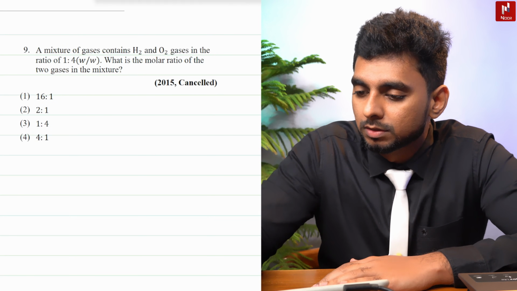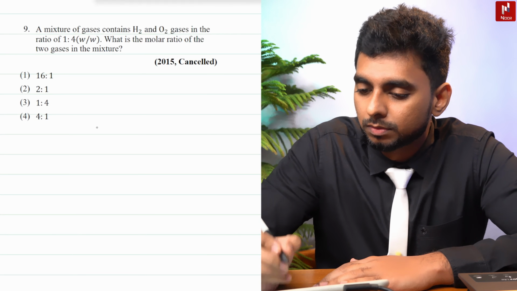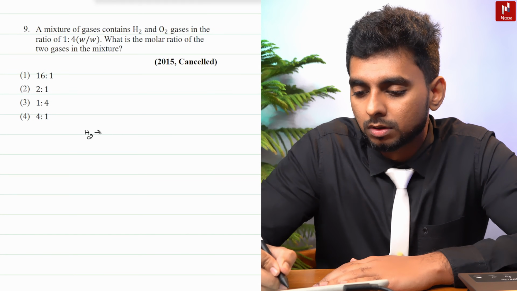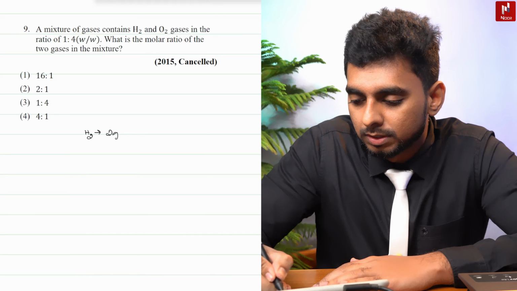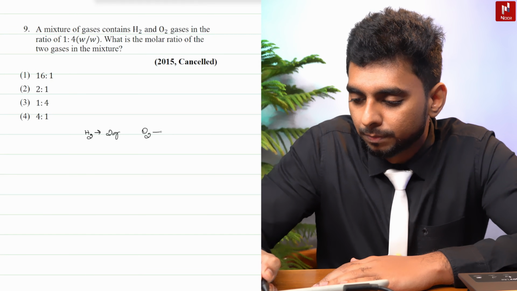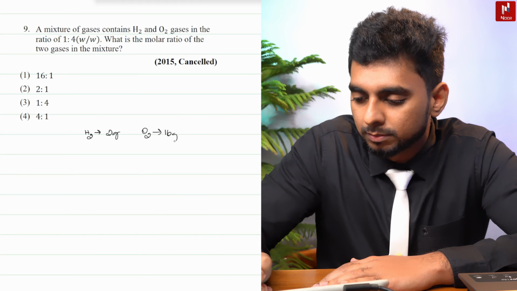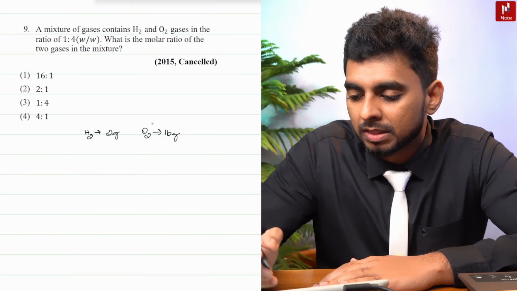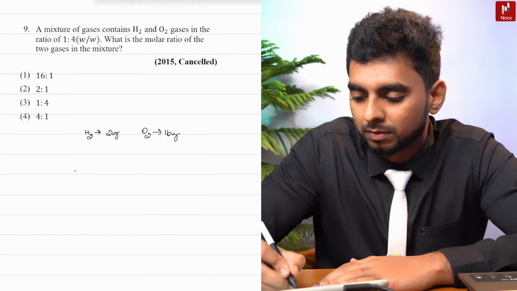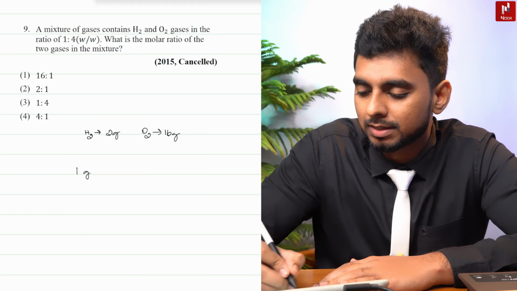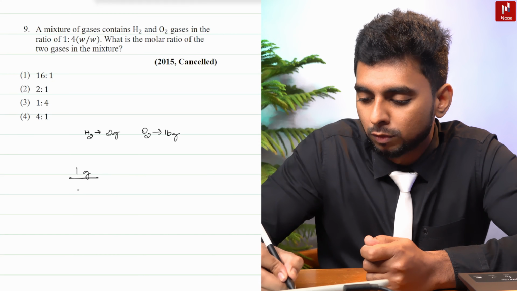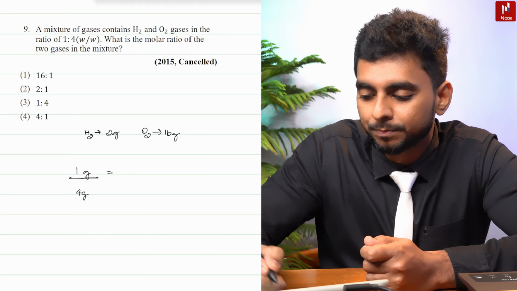Let me take it this way. For the H2, I need 2 grams to get 1 mole. For the oxygen O2, I need 16 grams to get 1 mole. In this situation, I have taken it in the ratio of 1 is to 4 by weight, which means, let me consider it this way, for 1 gram of H2, there are 4 grams of oxygen in it.